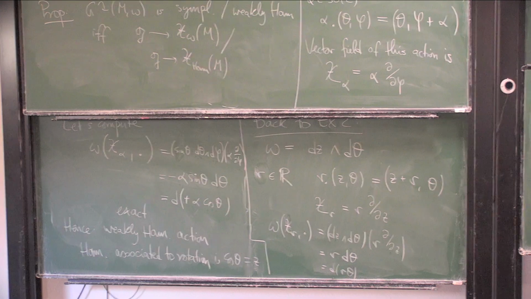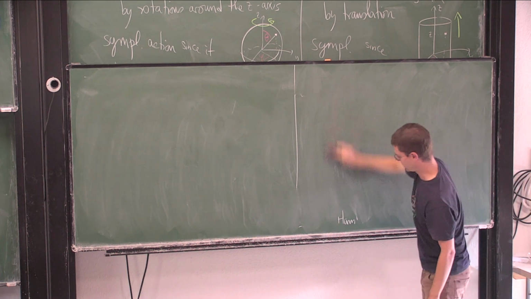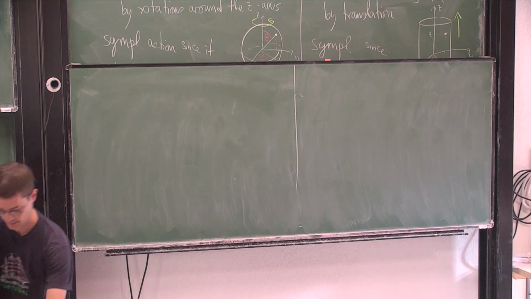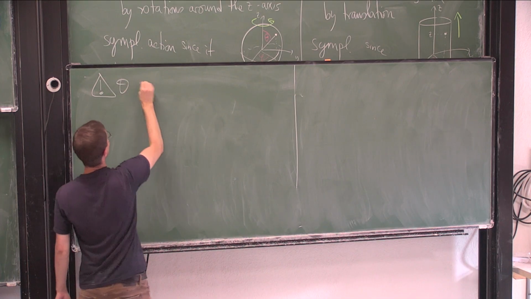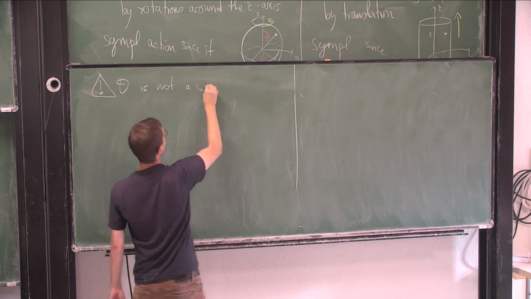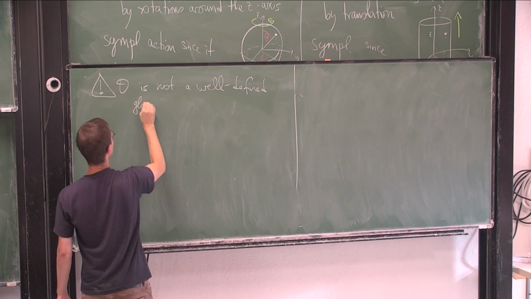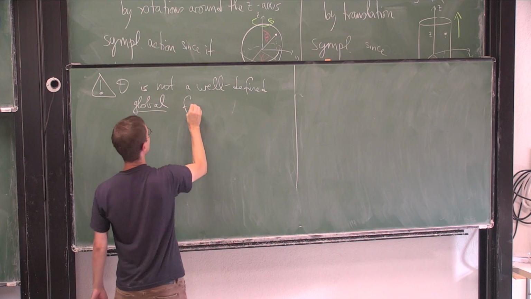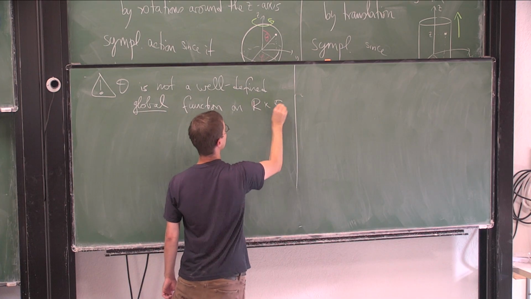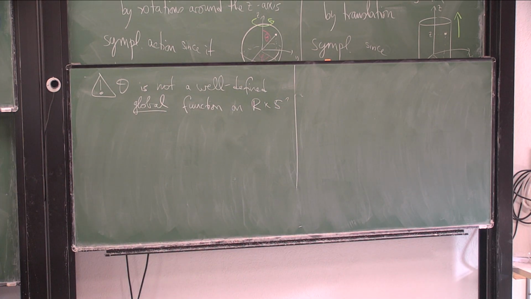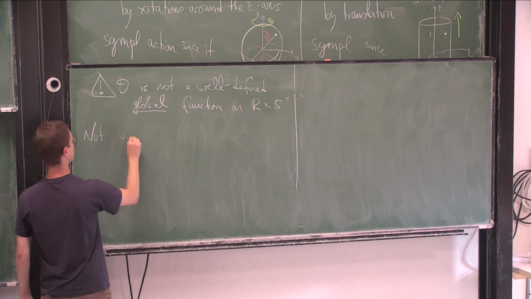That's actually the subtle point of this example: it seems to be exact, but actually it isn't. Theta is not a well-defined global function on the cylinder. And so it is not really Hamiltonian.